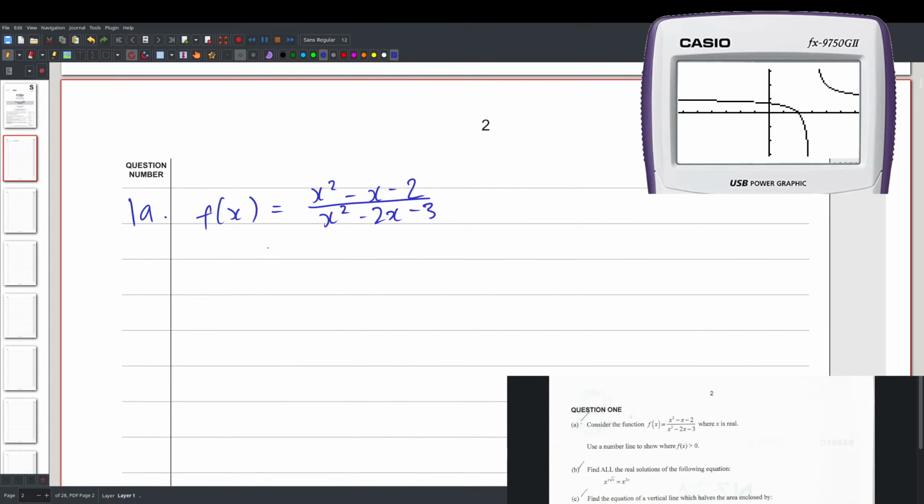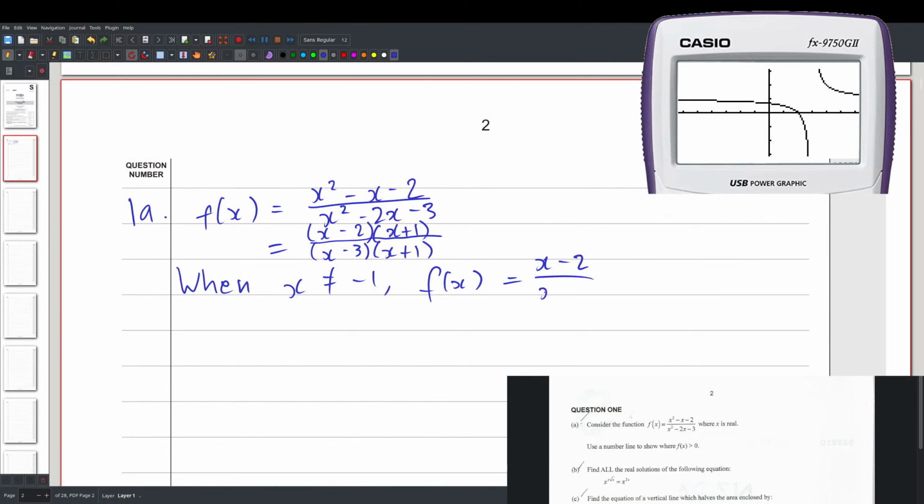You probably want to factor the top. You go x minus 2, x plus 1. Then on the bottom, it's x minus 3, x plus 1. Appears to be legitimate. So basically, when x isn't -1, f of x equals x minus 2 over x minus 3. If x minus 2 and x minus 3 are both greater than 0, that implies x greater than 3.